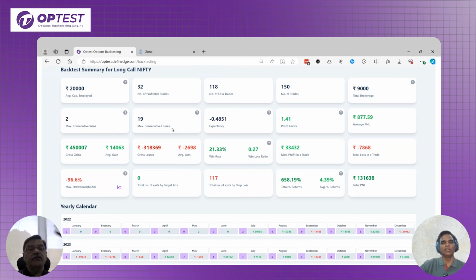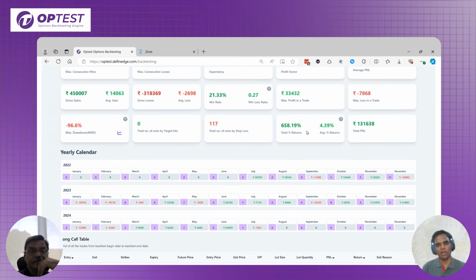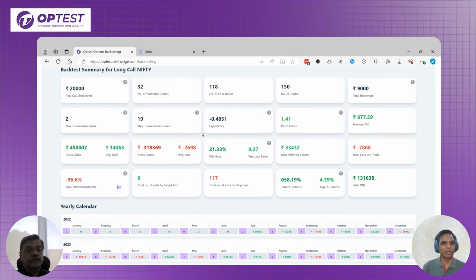Yes. It's a pure trend following strategy. And when a trade is in profit, it will give a good return. Yes, exactly. See, returns are good, but expectancy is not good because of that issue that is explained. And I think all the trend following strategies have this characteristic. Your win rate will be less.